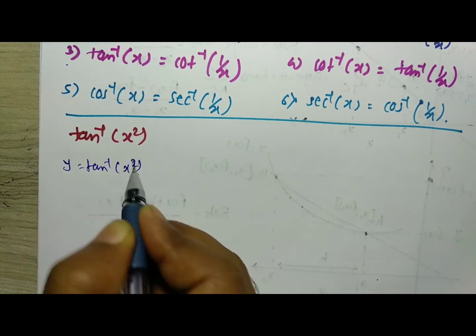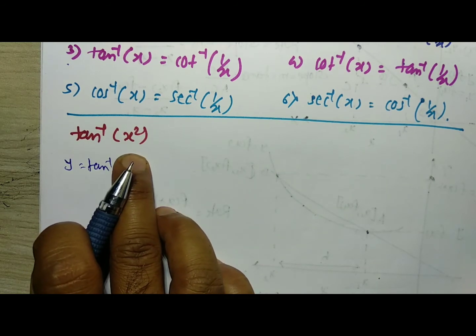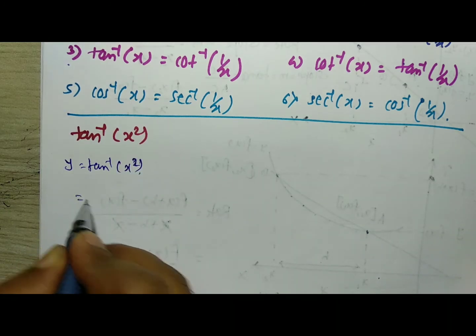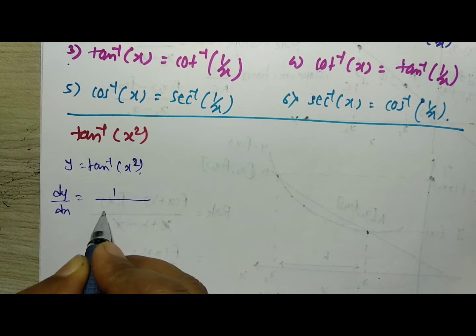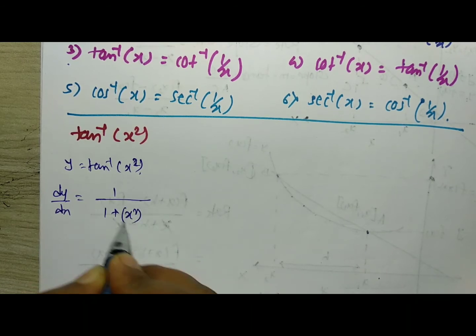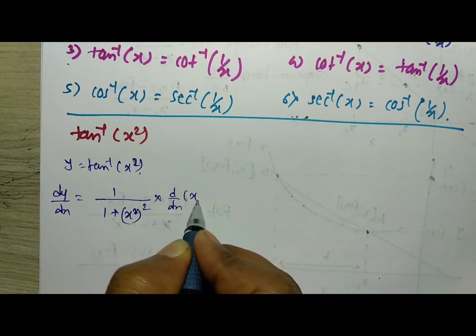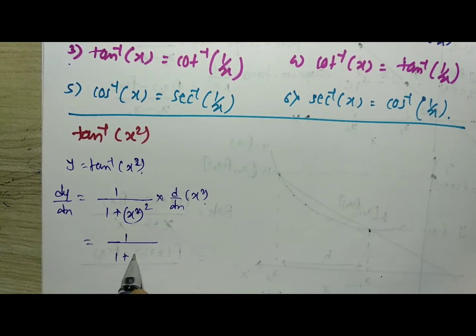We cover the x square expression with our finger, and we know that the derivative of tan inverse x is dy by dx is equal to 1 divided by 1 plus x square raised to 2 into d dx of x square, and therefore the derivative is nothing but 1 divided by 1 plus x raised to 4 into 2x.